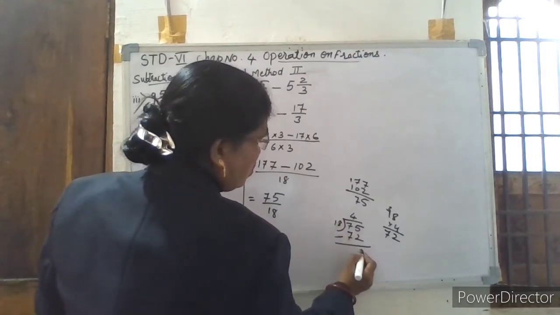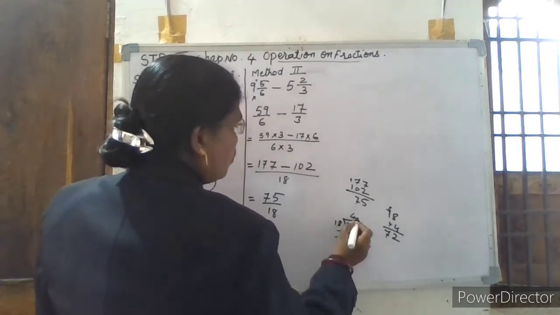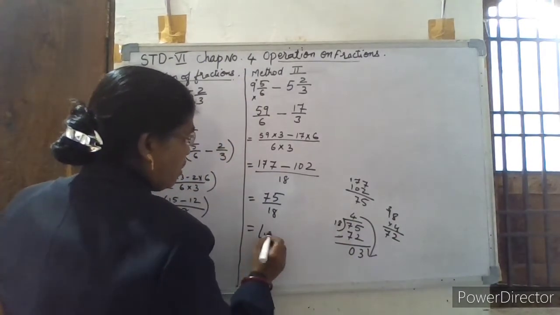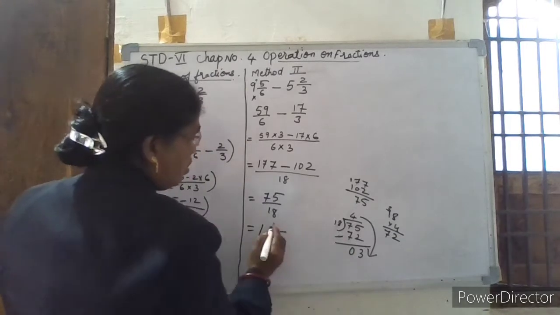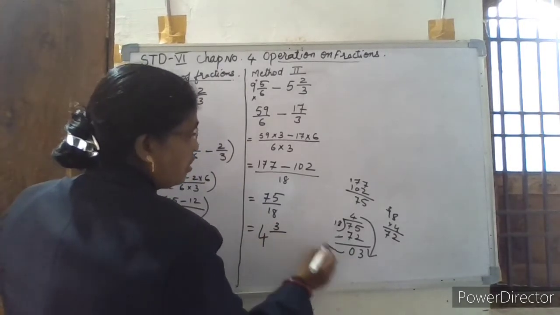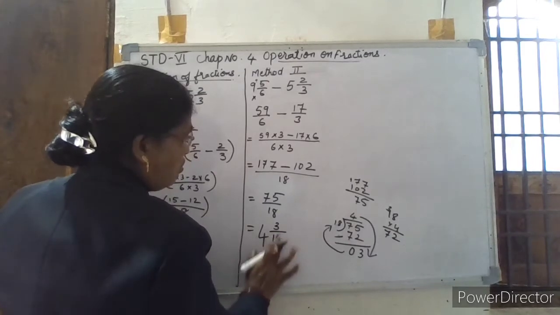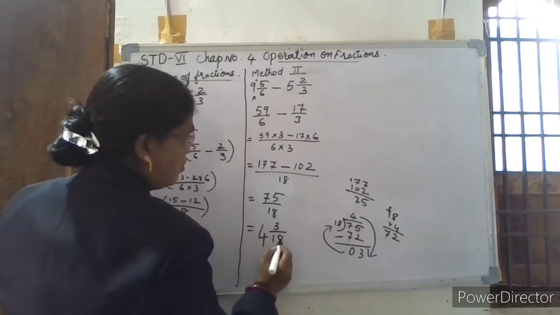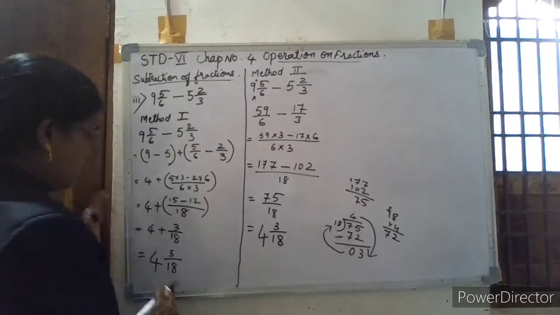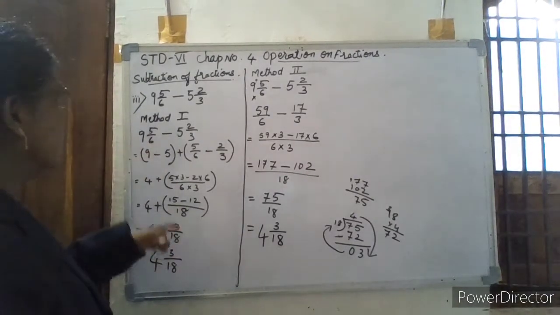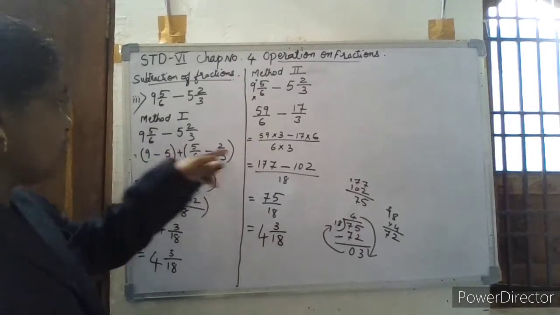Here this is 0. So take the whole number as 4. Put a dash here, this remainder 3. Then go to the denominator, that is divisor, as 18. So we got 4 3 by 18. Here also we got 4 3 by 18. So this is the solution of this by method 1 and method 2.